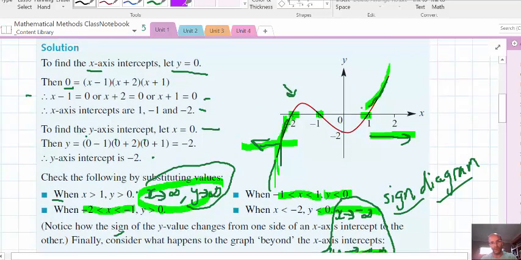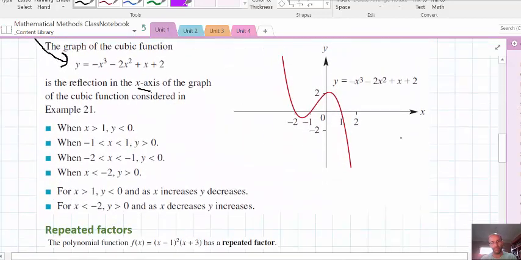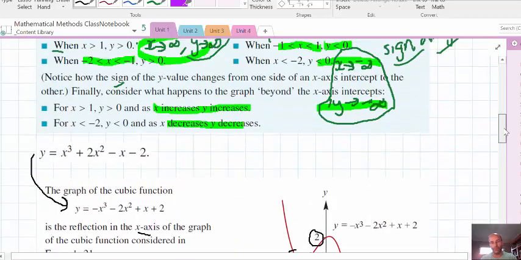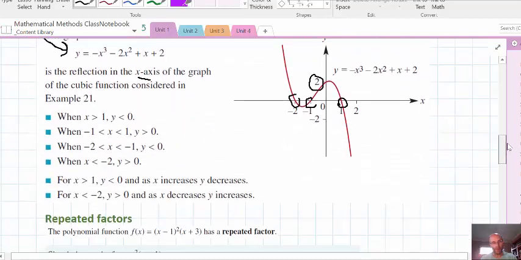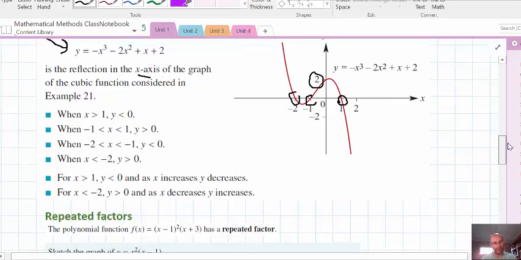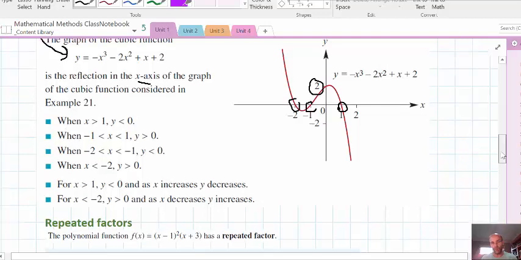And so a lot of your characteristics reflect, but you'll notice that the zeros are the same. So the x-intercepts, in other words, are the same, but the y-intercept is different. It's the opposite sign but the same size. So 2 versus -2. We've got the regions now as x. There are some differences there.